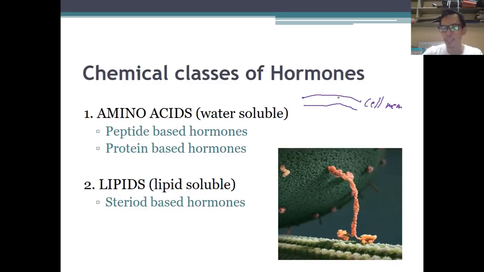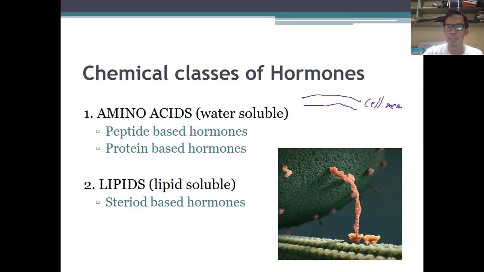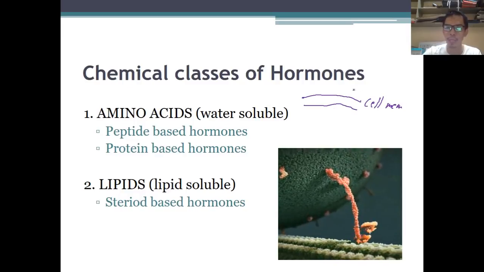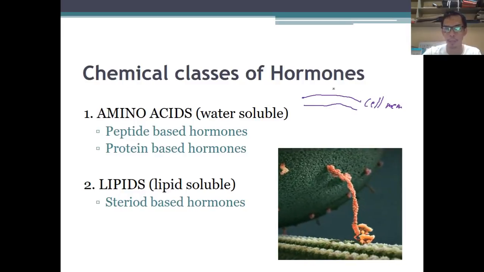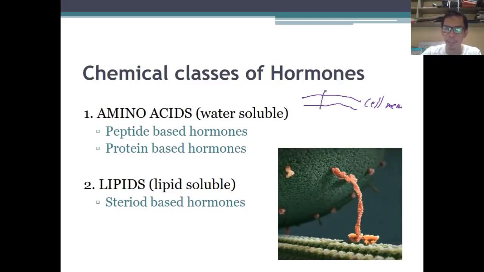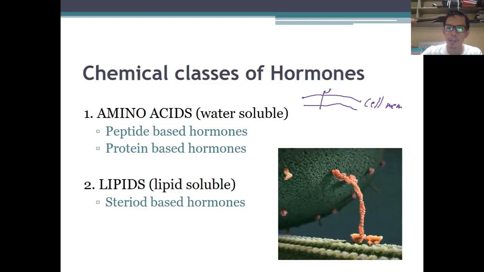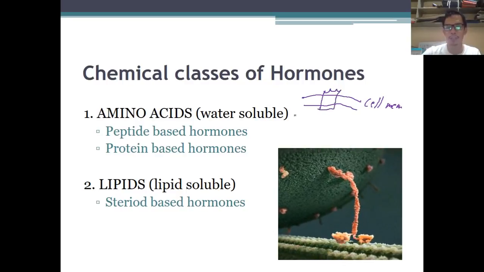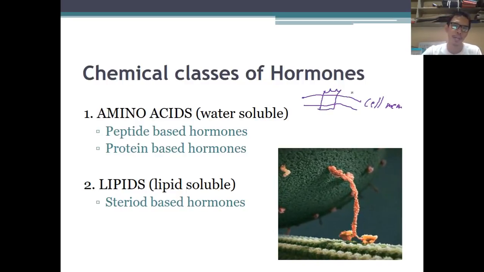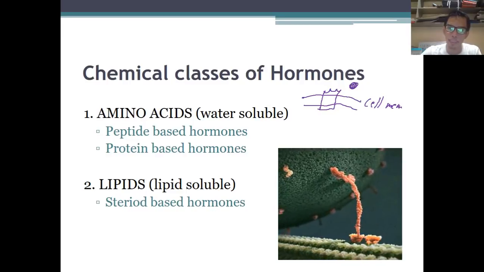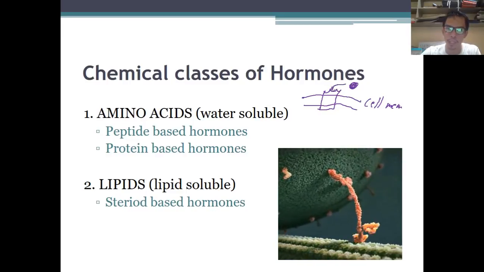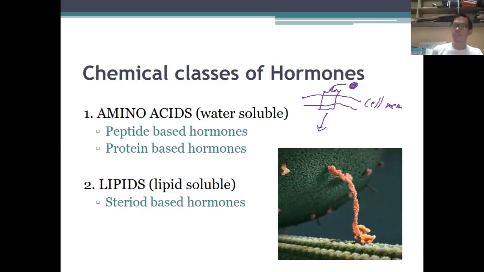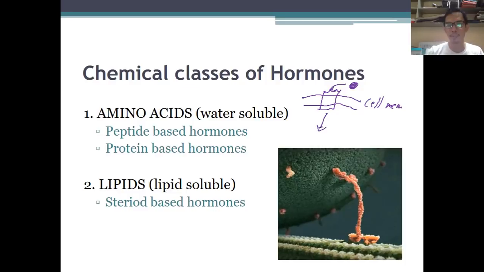If it is water soluble, as we all know, the cell membrane is made up of a lot of lipids, so it will not be able to enter the cell. But instead, on the cell membrane there is a receptor waiting for that water soluble hormone. When the hormone passes through, it attaches to that receptor, and that's the time it can go inside the cell. Those are the amino acid hormones.